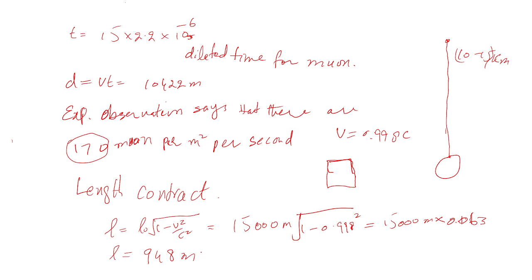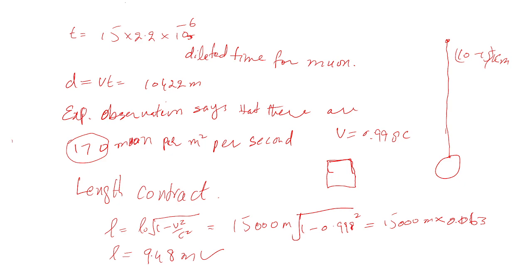So the muon observes this much distance. In fact, in the frame of the muon, this much distance is required to cover to reach the earth. So if the muon covers this much distance, 948 meters, it will reach the ground, but in the frame of the muon.